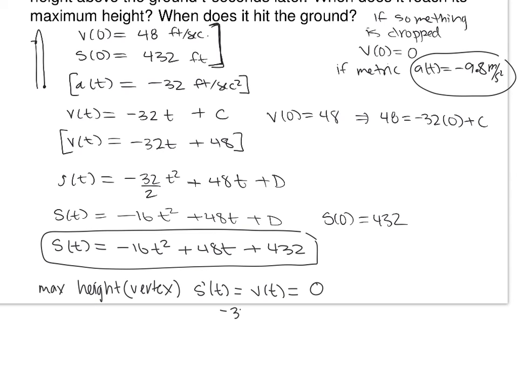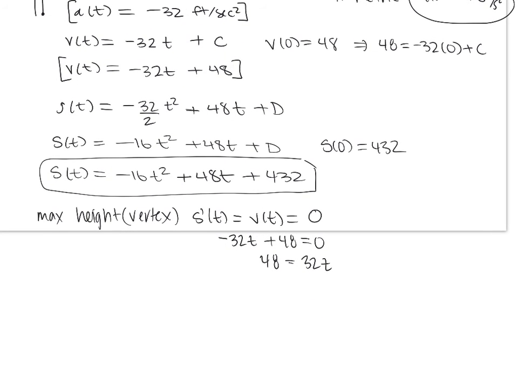So solve negative 32t plus 48 equals 0. 48 equals 32t. So t is 48 over 32, which you can divide both by 16 to get 3 over 2. So after 1.5 seconds. And then it's falling, falling, falling for a long time.